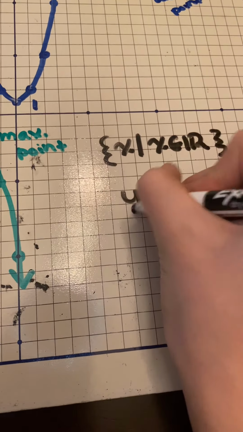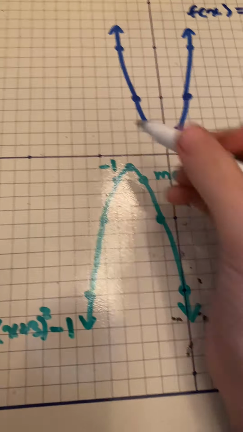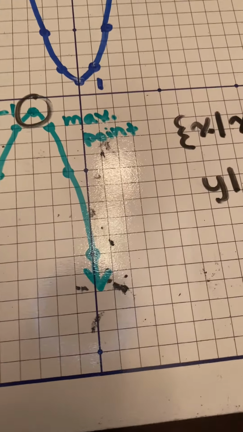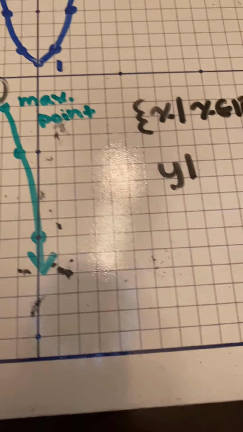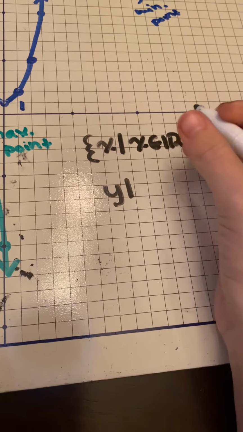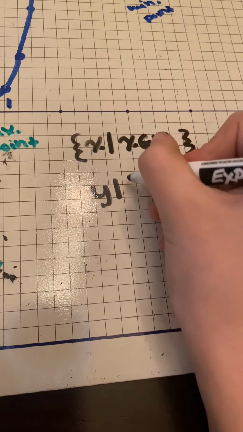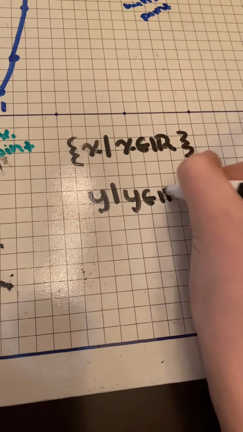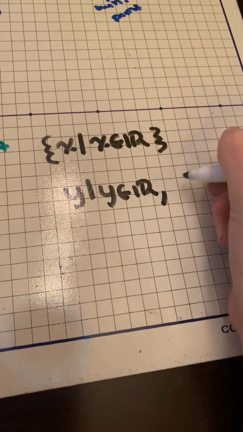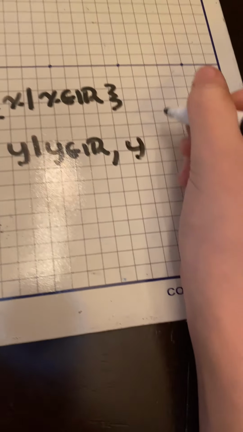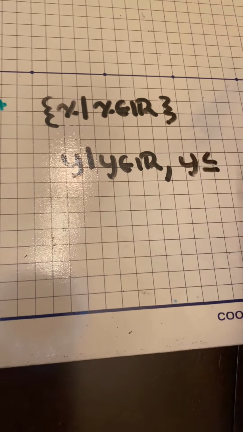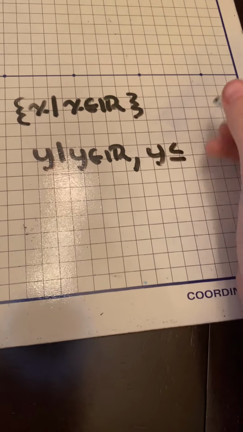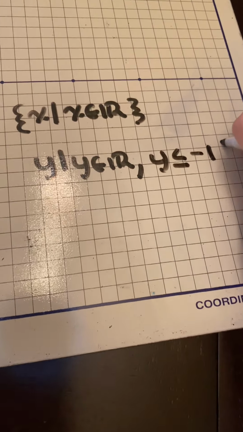And for your range, we know that -1 is your maximum point. So your range will be y is an element of all real numbers, y less than or equal to -1.